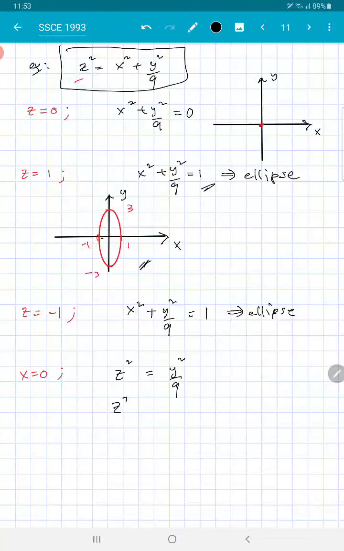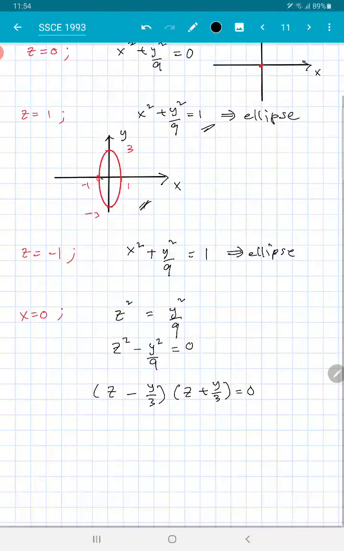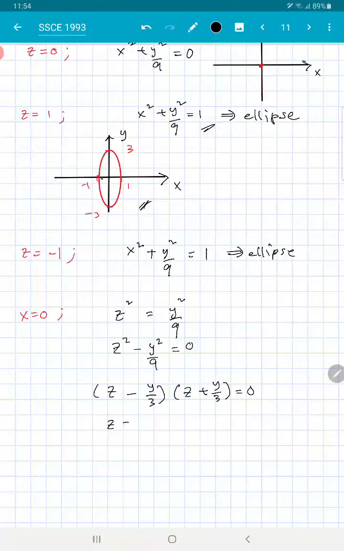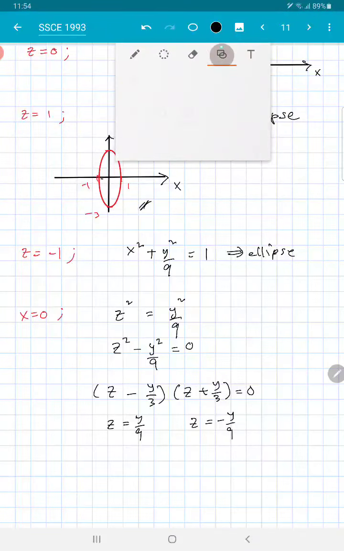So we can rewrite this equation and factor it as Z minus Y over 3 times Z plus Y over 3. Okay, so from here we end up with 2 equations. One is Z equals Y over 3, and the other one is Z equals -Y over 3. So those represent 2 straight lines.